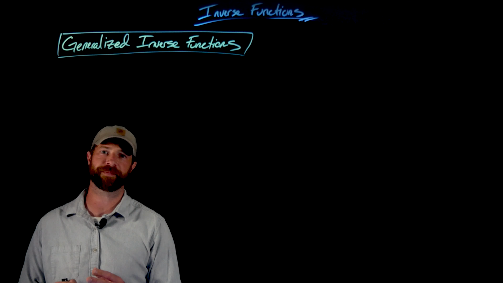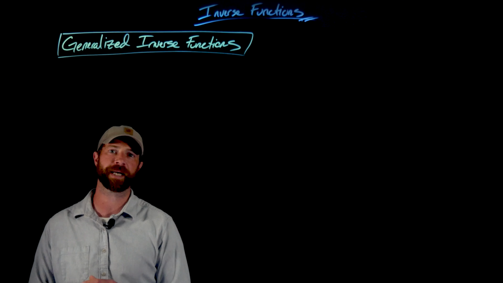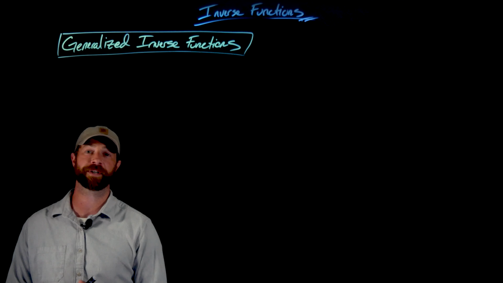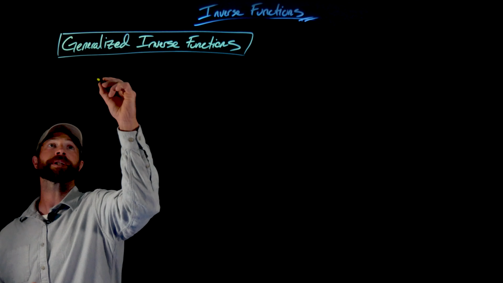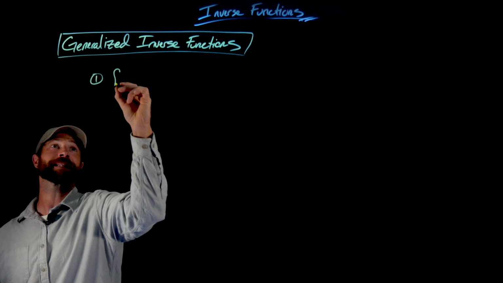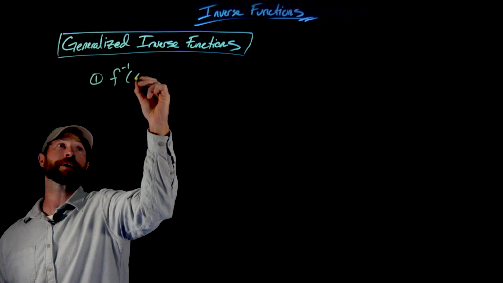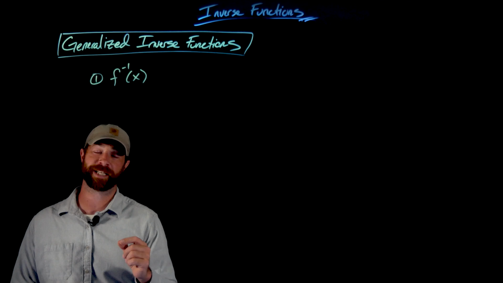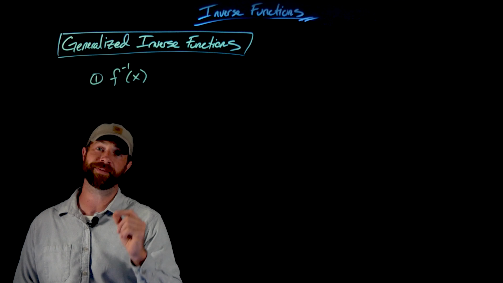All right, those first two functions, f of x and g of x, were just meant to ground us in the idea of inverse functions, but we now need to generalize. Let's first talk about the notation of inverse functions. To denote the inverse function, we write it like this, f to the negative 1 of x. Importantly here, negative 1 is not an exponent. It simply denotes the inverse.